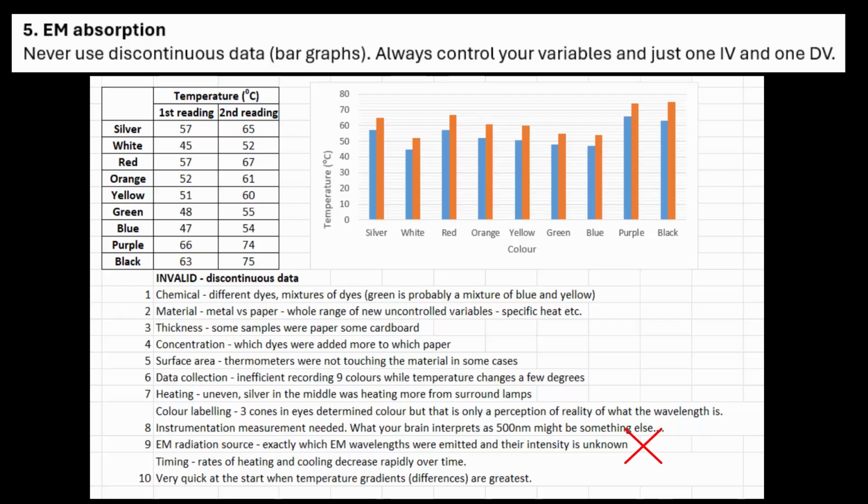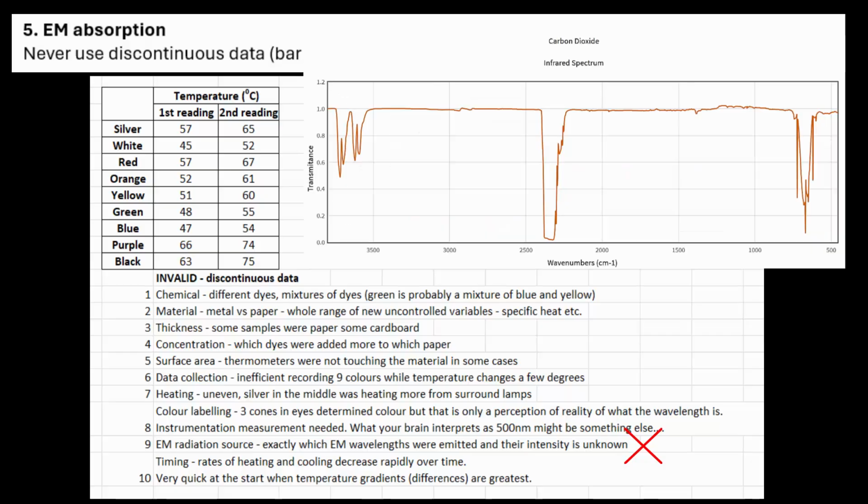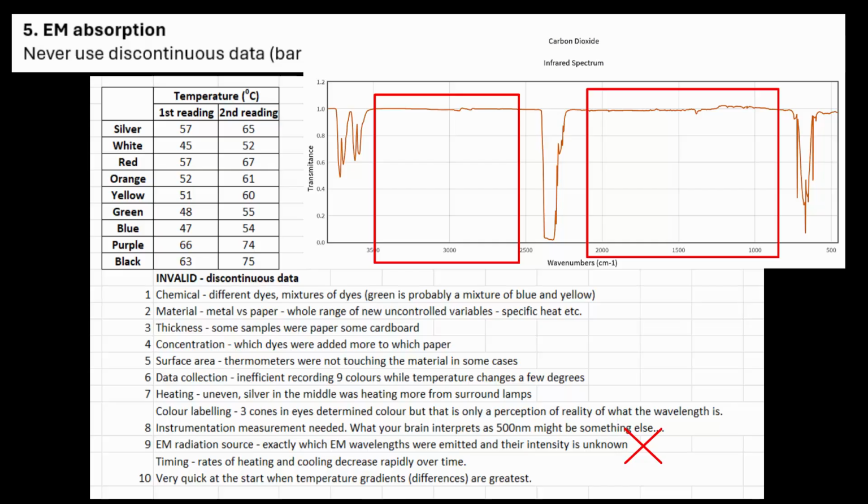The electromagnetic radiation, the light, we don't know which wavelengths they are and what intensities they are, and you could see from our in-depth analysis of the water and carbon dioxide, some wavelengths won't cause any absorption whatsoever. So that's not controlled as well.